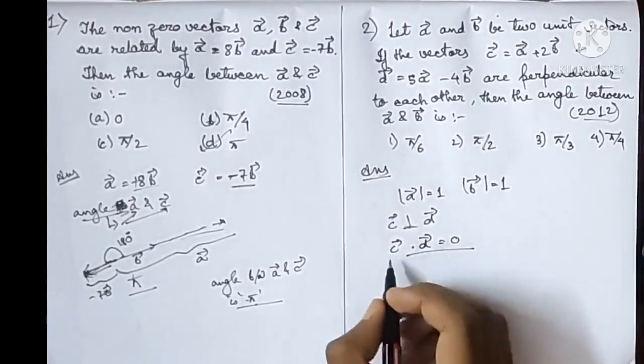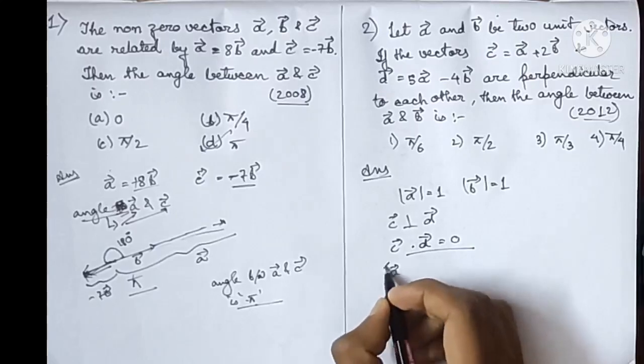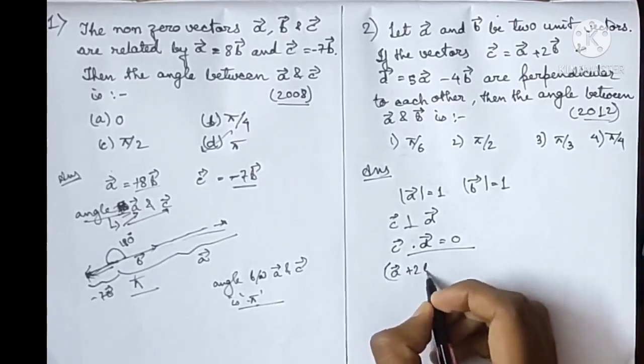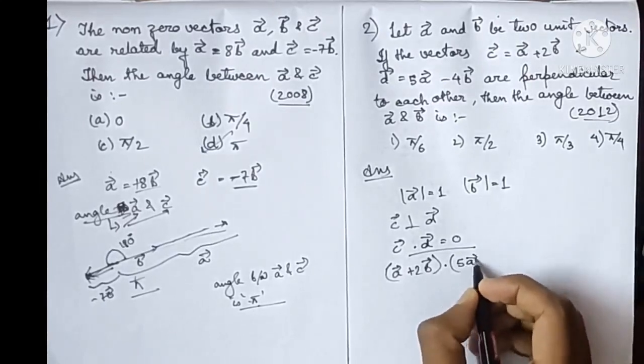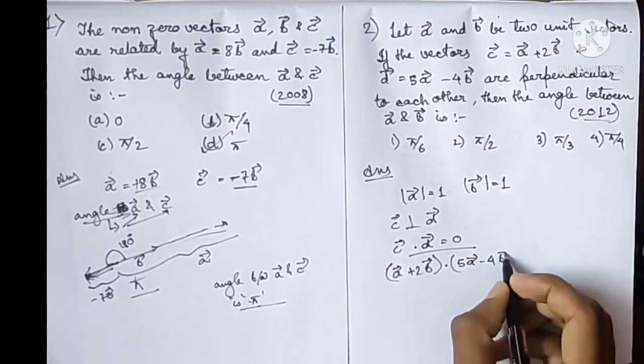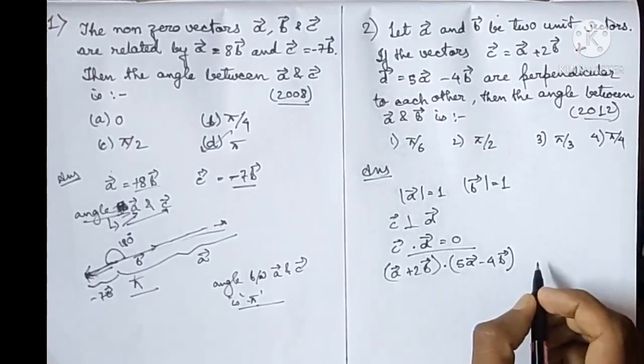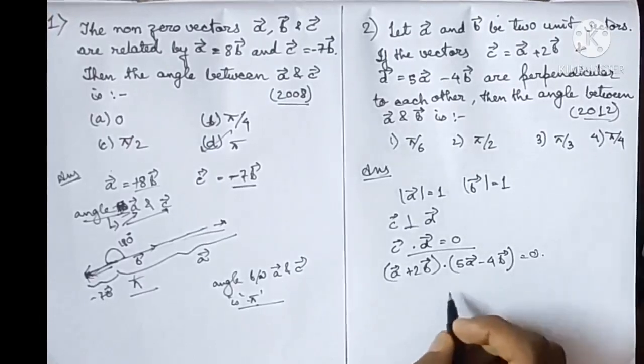Then if we just calculate it from here, (A vector plus 2B) dot (5A minus 4B), and that gives us 0.